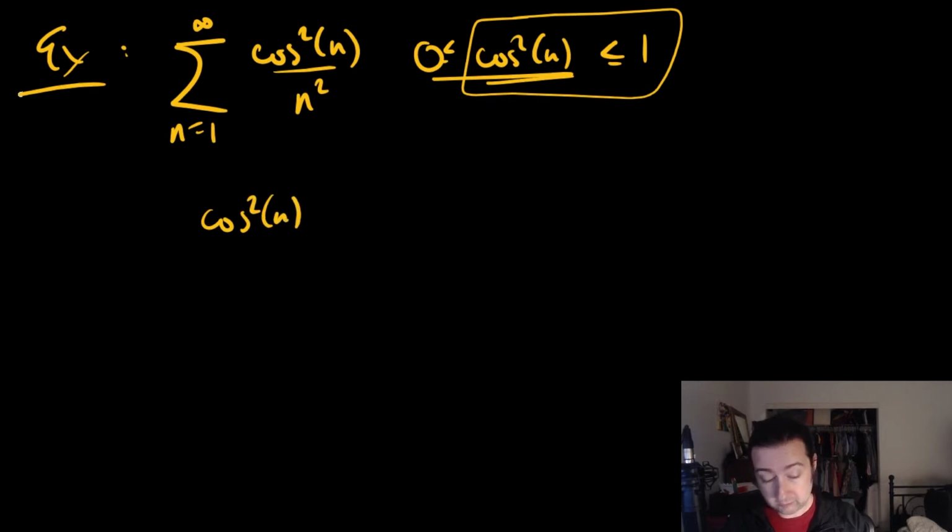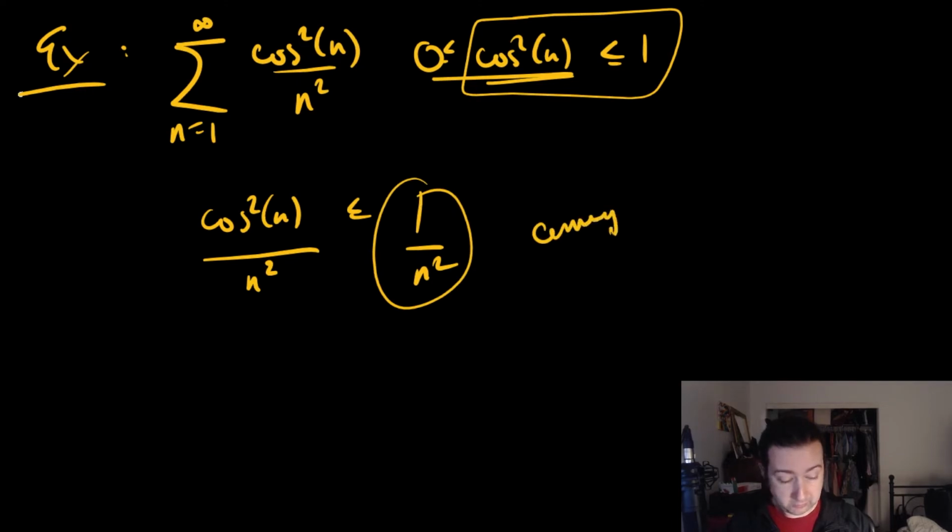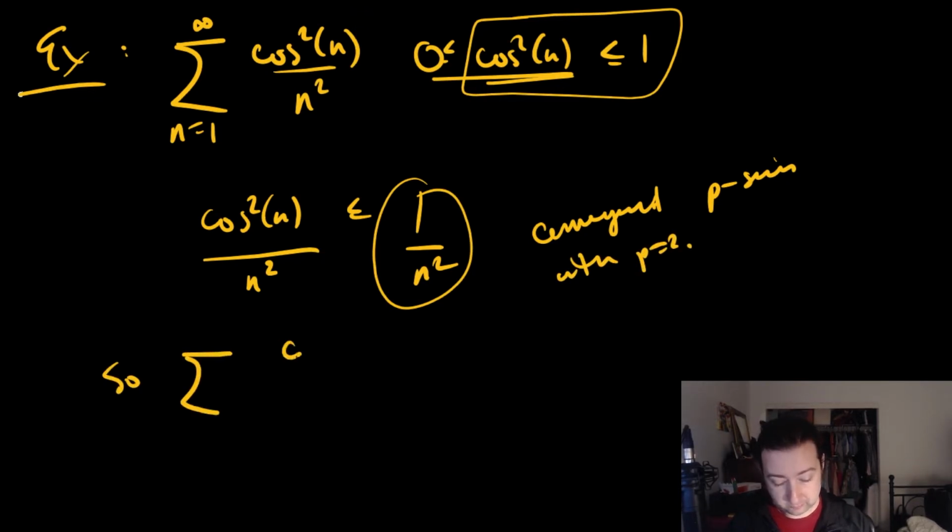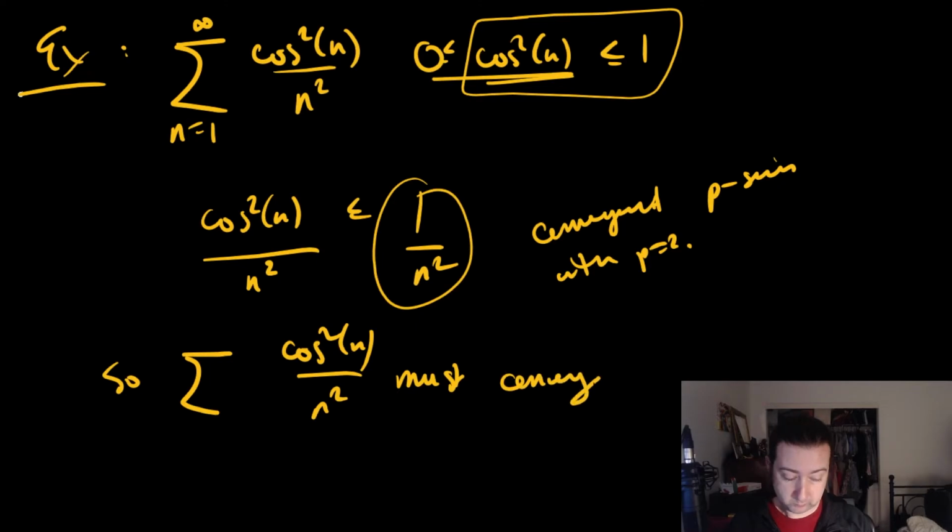Since cosine squared of n is less than or equal to 1, it must be the case that cosine squared of n over n squared is less than or equal to 1 over n squared. And this series is a convergent p-series with p equals 2. And so this sum must converge by the comparison test.